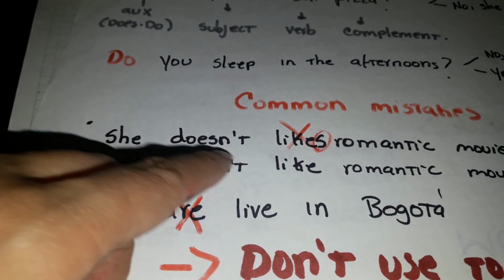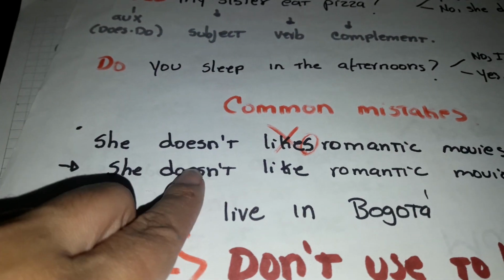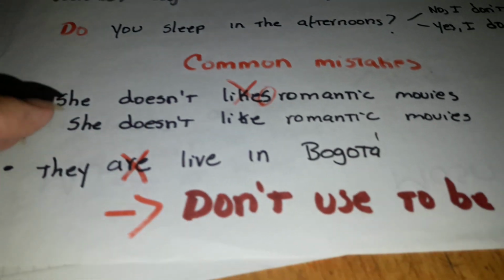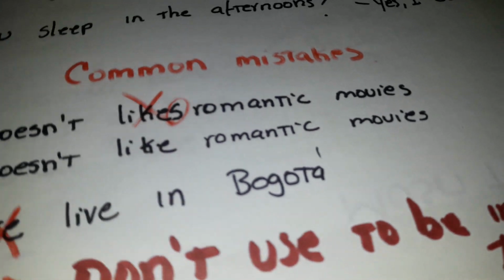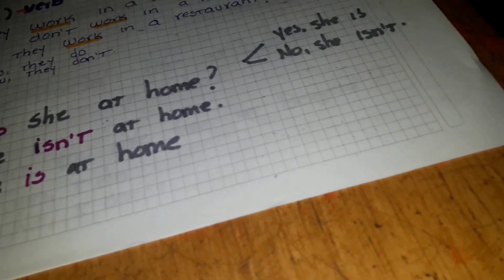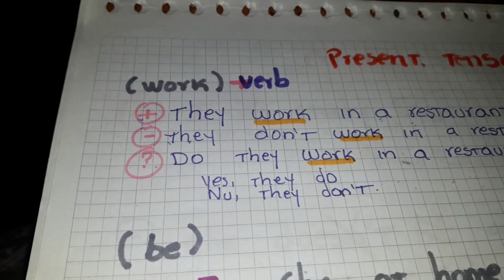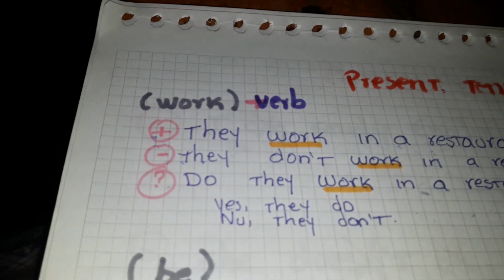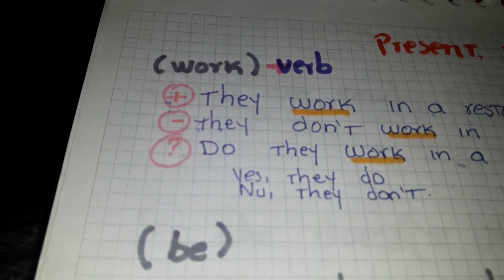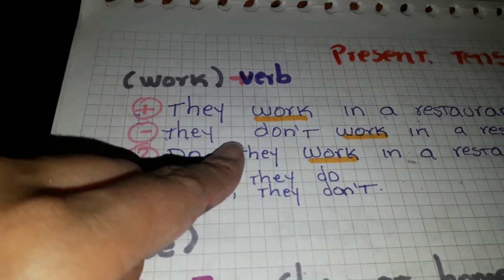Okay, this is the common mistake. She doesn't like. Don't use like with the auxiliary do. And look at this. Don't use to be in this sense. Look at the example. I compare. If the activity is in present tense but it's another verb different from to be, in this case it's an example.